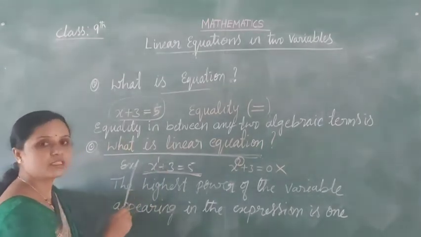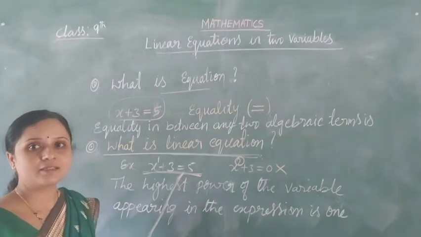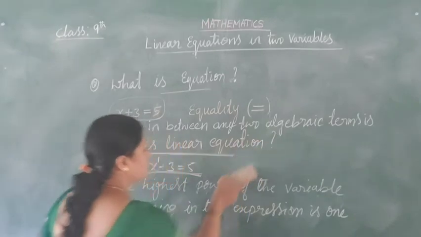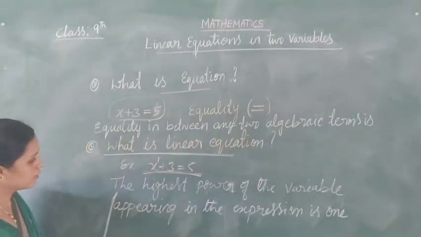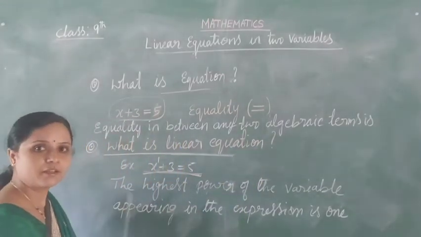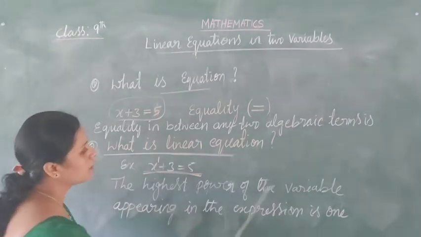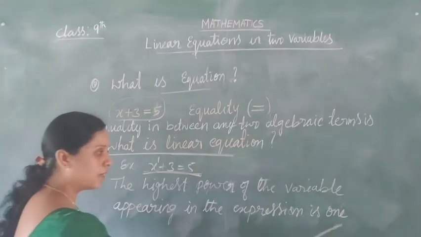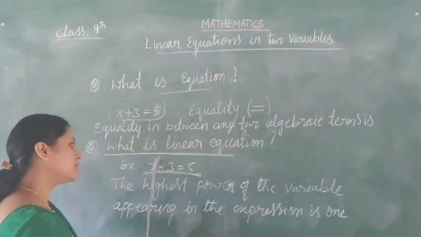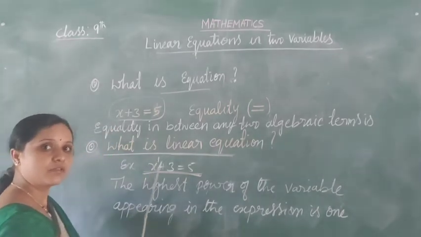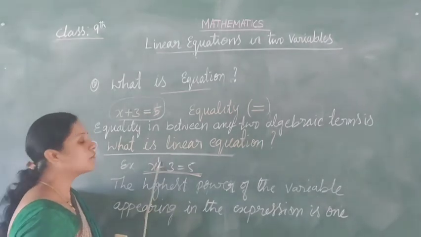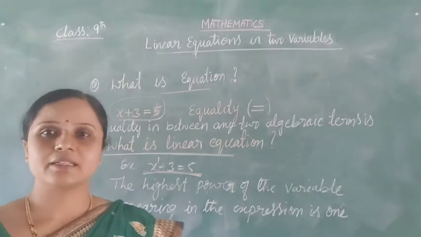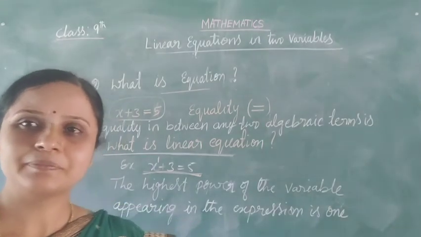That equation is called a linear equation. So once again you can recall this definition. The highest power of the variable appearing in the expression is 1. That means the power of this variable is 1. Otherwise you read it as the exponent of this variable is 1. That type of equations are called linear equations. Okay.